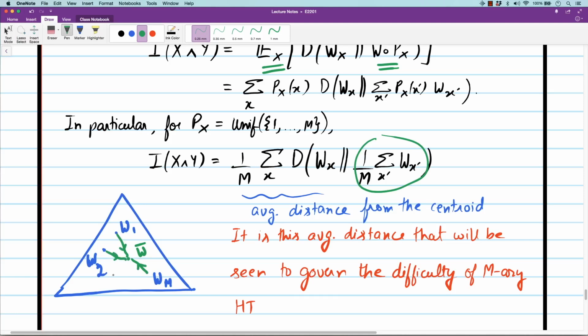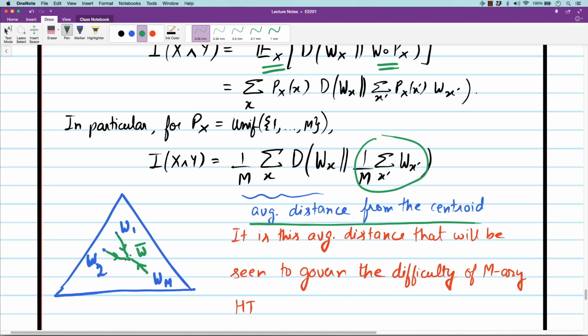The average of these distances is what mutual information is. Earlier we were looking at the closest one. So this is the average distance from the centroid. This is the centroid. So this mutual information relates to this average distance, and soon we will see that mutual information can be used to control the probability of error of the M-ary hypothesis testing problem. And therefore, what we get is that this average distance is a good handle on the difficulty of M-ary hypothesis testing.